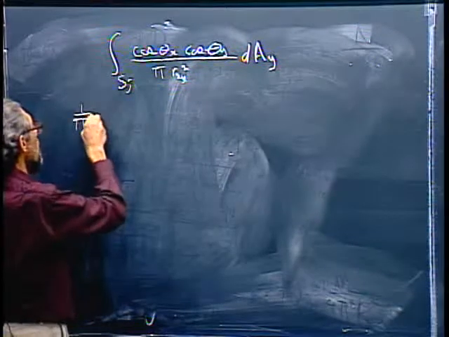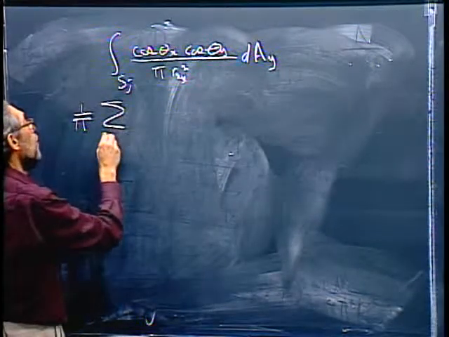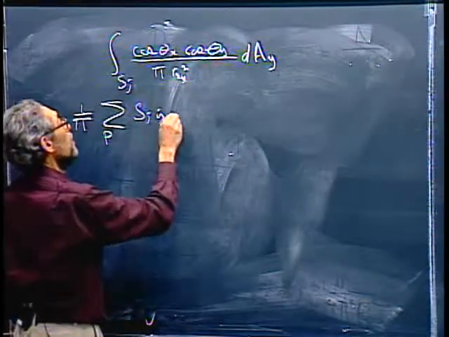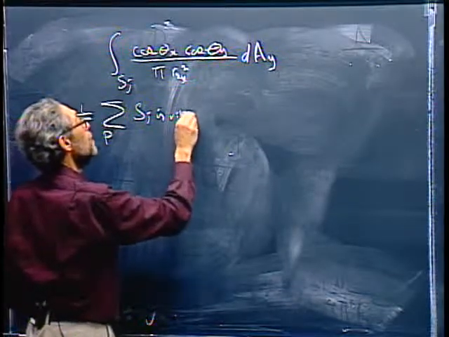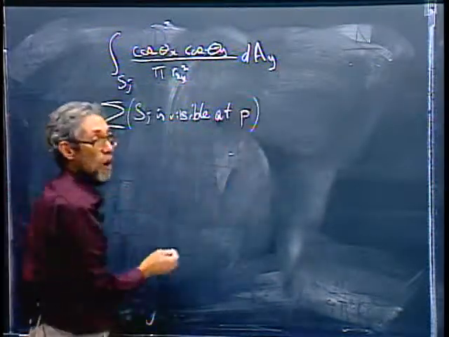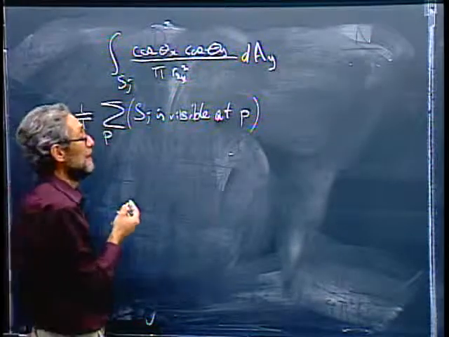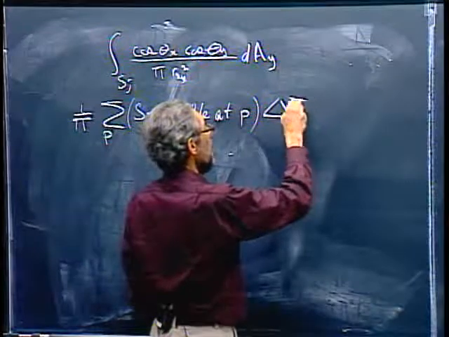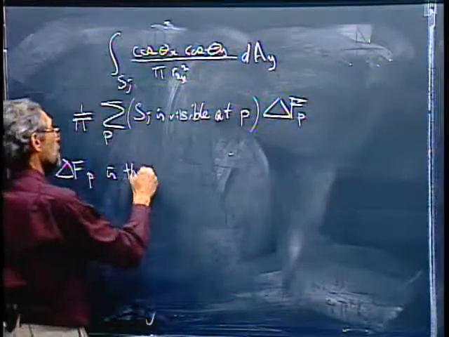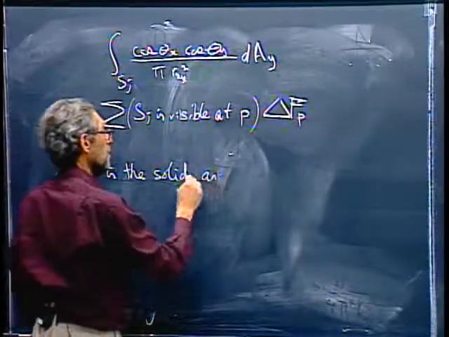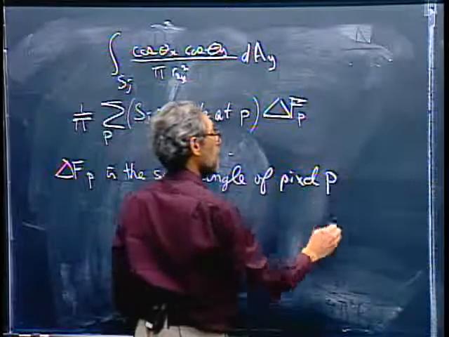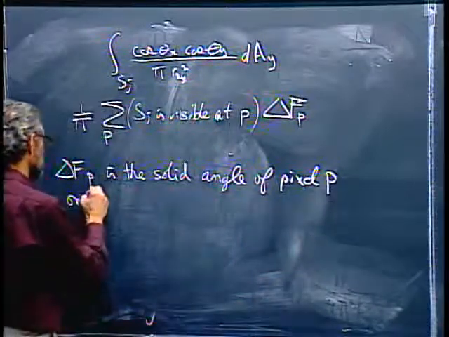So we have 1 over pi times the sum over all pixels P such that Sj is visible at P. That's basically 0 or 1: it's 1 if it's visible and 0 otherwise, times a delta form factor at P, where delta F at P is the solid angle of pixel P on the face of the hemicube.